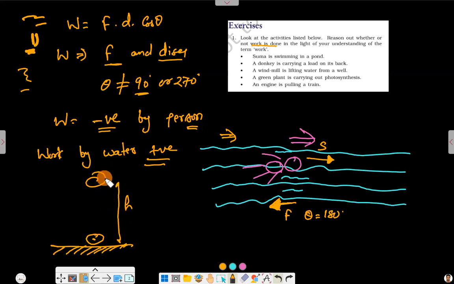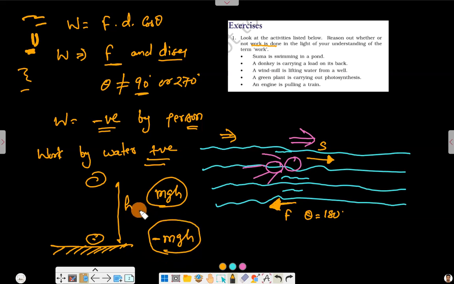So how much work is done? mgh on the object. This work is done on the object, so it is positive, but it is done by whom? It is done by gravity, and by gravity it is minus mgh. Gravity has lost that much energy, and that energy is gained by the object in the form of its height.